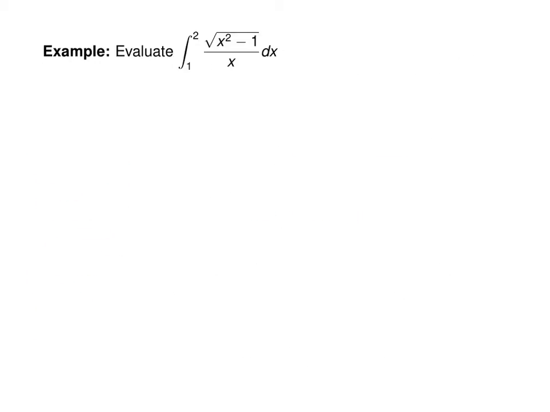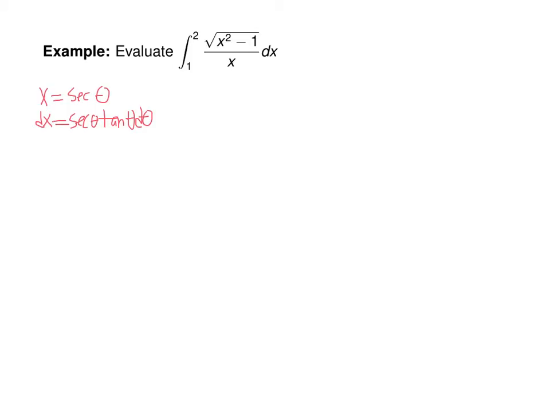Alright, next we have a definite integral, and since we have x squared minus a number, we're going to make the substitution x equals secant of theta. And if x is equal to secant, then dx is equal to secant theta tan theta. And we have to also change our bounds.